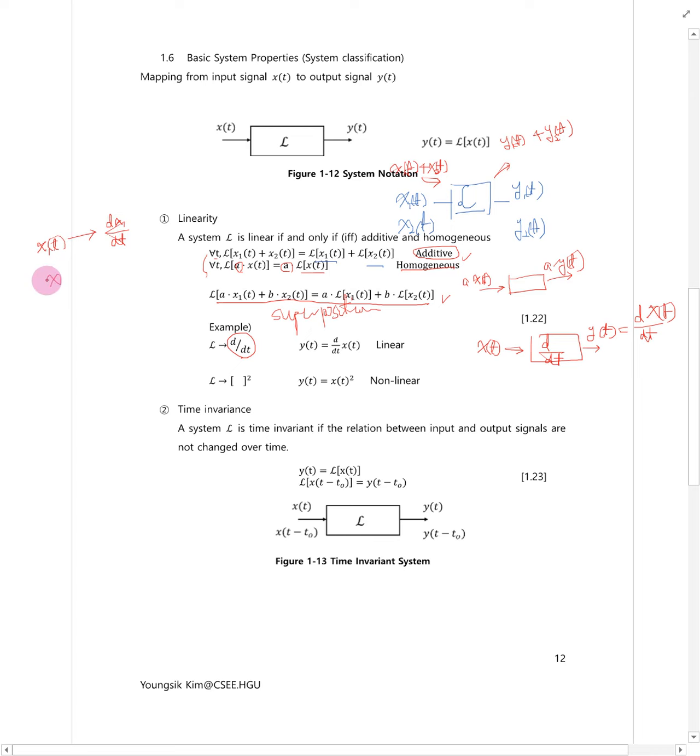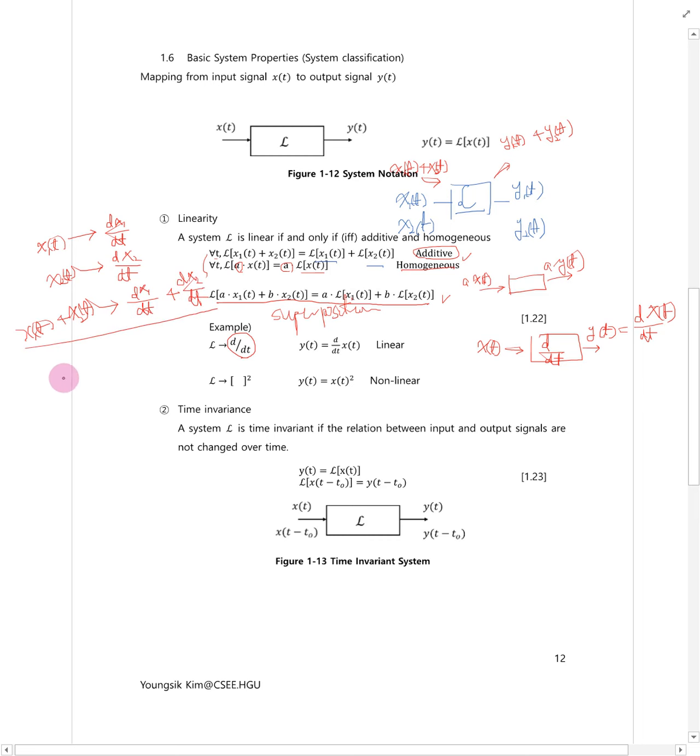If we apply x2(t), the output is dx2/dt. What if we add x1(t) and x2(t) first and then apply the system? The output is dx1/dt plus dx2/dt. So it satisfies additivity.